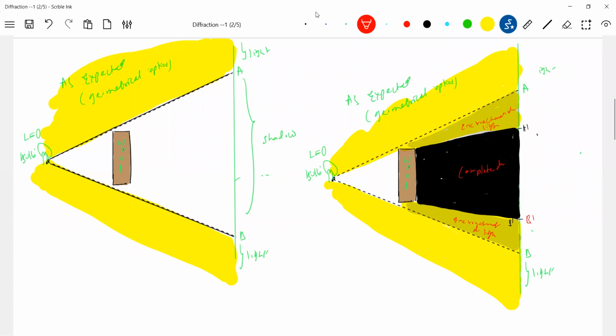So here you should call AB a complete shadow, but in AA dash it will not be completely dark. There'll be light here, or semi-dark, or some amount of light is present.